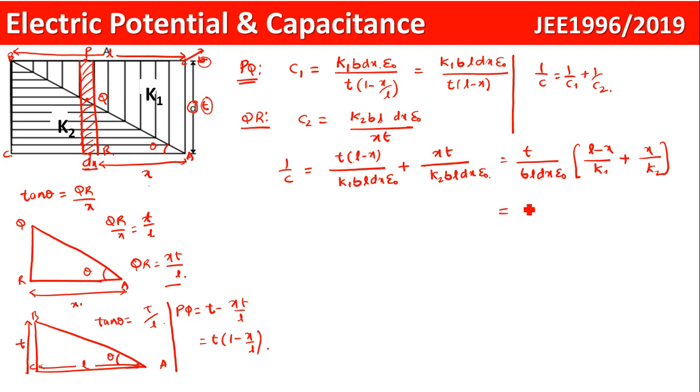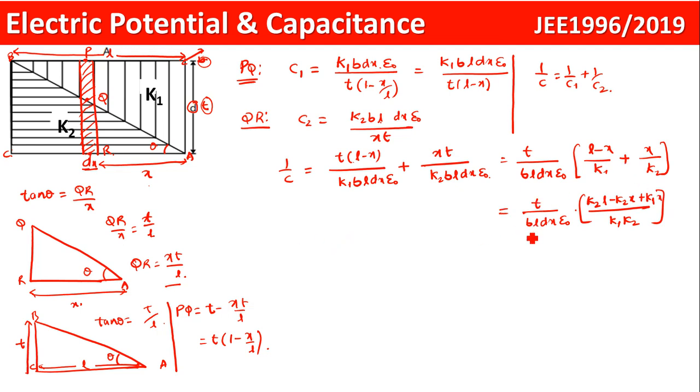Rewrite this term as T by BL dx epsilon naught, then it will be K1 K2 as the LCM. So you get K2L minus K2x plus K2x, so K1x, cross multiplication.